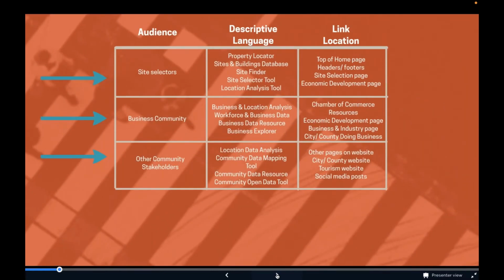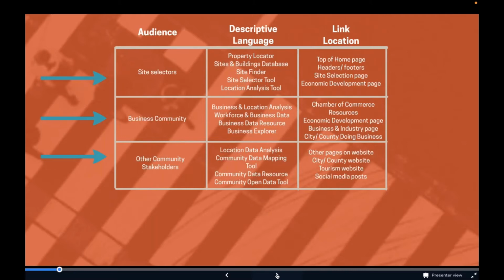Now, this is another really critical part, strategic link placement. And strategic link placement across your website means a number of things. First of all, it means let's think about your audiences. And I've defined here in this box in the first column, these are probably the three most common kinds of target audiences for economic development websites.